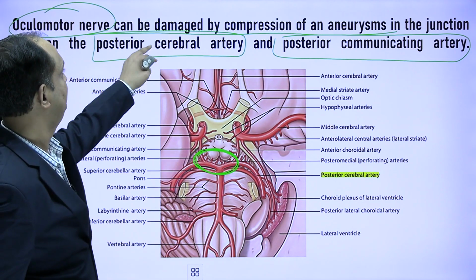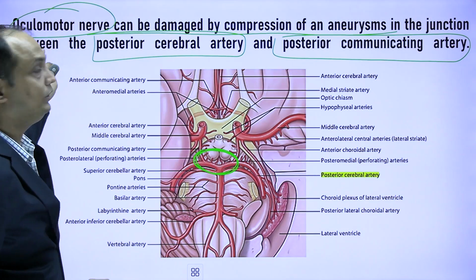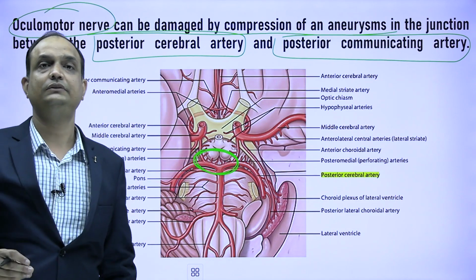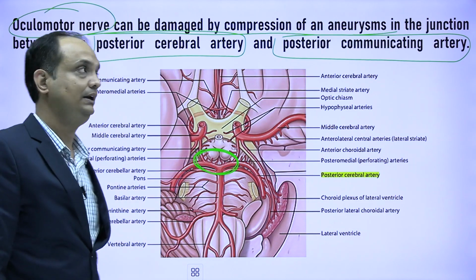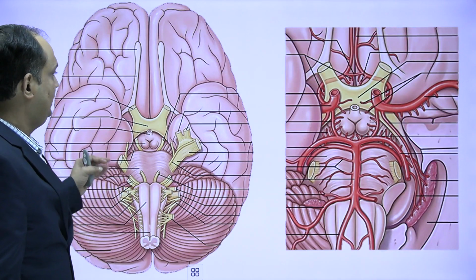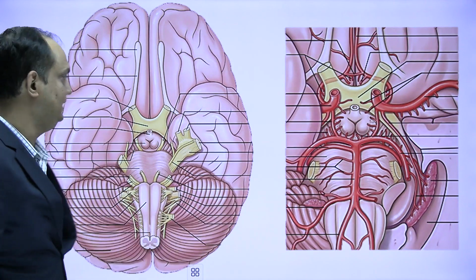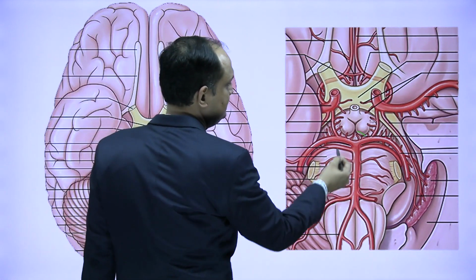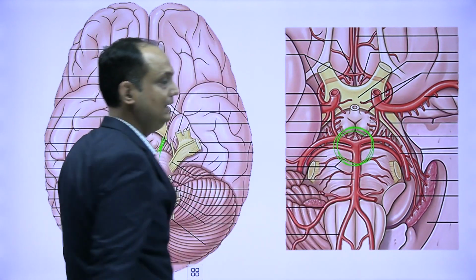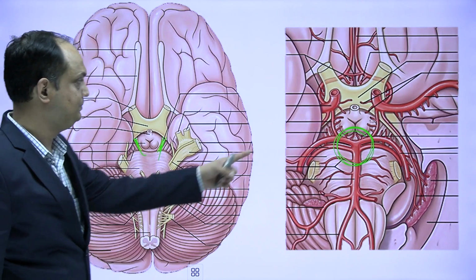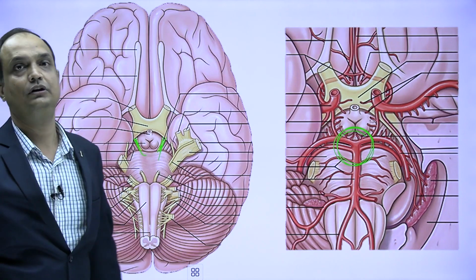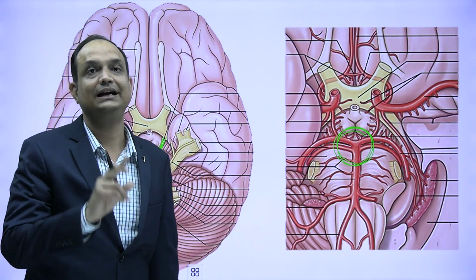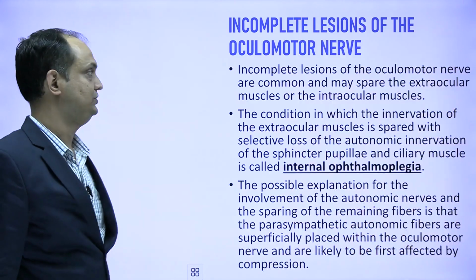Whenever an aneurysm occurs, it will compress the outer surface of the nerve, which has parasympathetic fibers. Here you can appreciate this relation again. This is your oculomotor nerve, and here you can see the arteries. If these arteries get dilated, form an aneurysm, or rupture, ultimately the peripheral oculomotor nerve fibers, that is the parasympathetic, will get damaged.